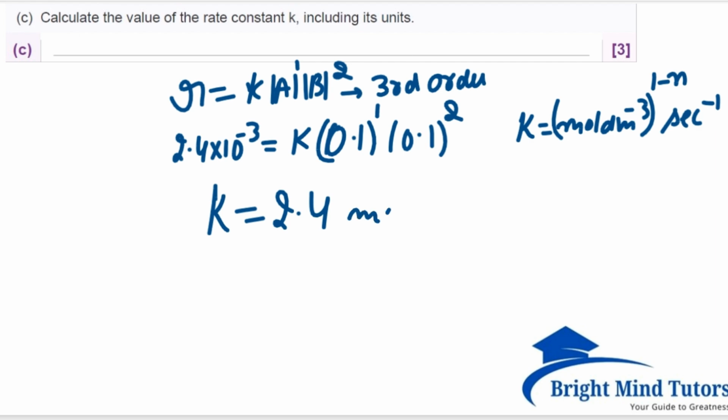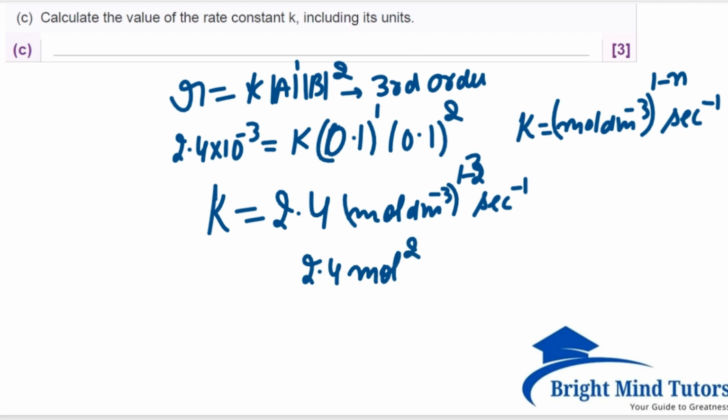So it will become mole per decimeter cube raised to the power of 1 minus 3, per second. So it will become 2.4 mole raised to the power of minus 2 into decimeter raised to the power of 6 per second. So if you write this complete value, you will be getting 3 marks for this.